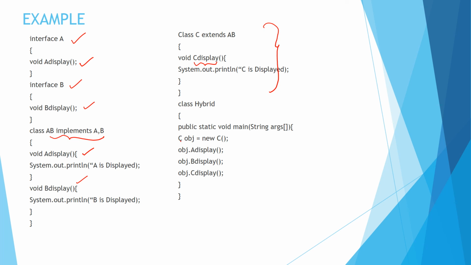Here we are creating an object for C, and with this object we are calling all the other methods using the object reference of C. So our output will be A is displayed, B is displayed, and C is displayed. Okay, so I hope you are clear with the concepts of interfaces, and using the concept of interface only, we are implementing multiple inheritance and hybrid inheritance.